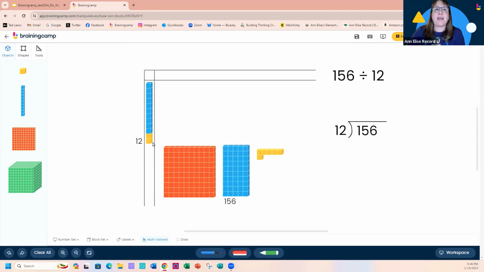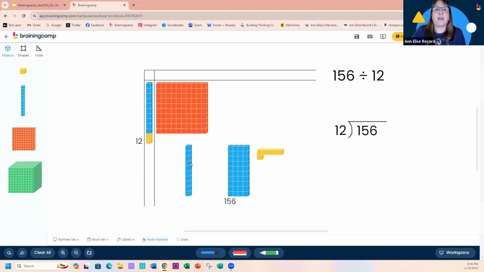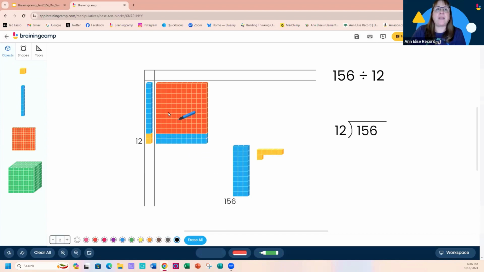The distance coming down my divisor is 12. I can think, well, do I have enough to make a 10 by 12 rectangle, right? And I do. I can move my 100 square right there. I can rotate 2 10 rods. So I can make a 12 by 10 area, right? So that area inside here is 120.